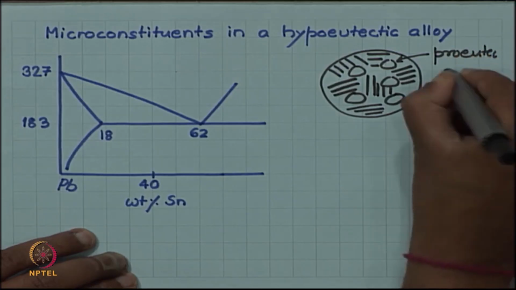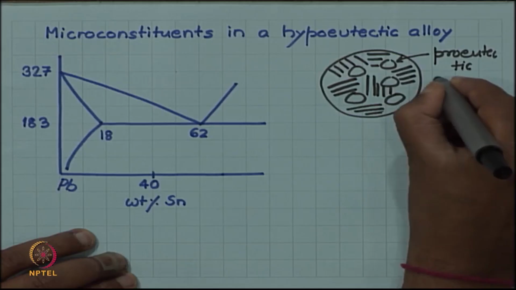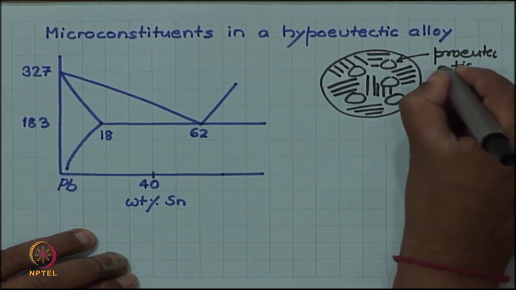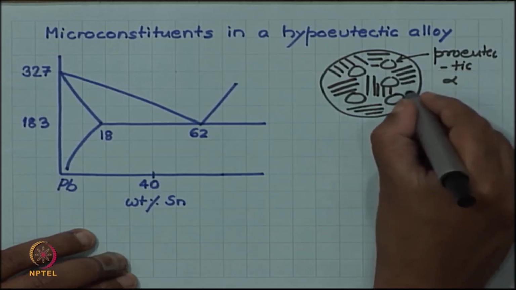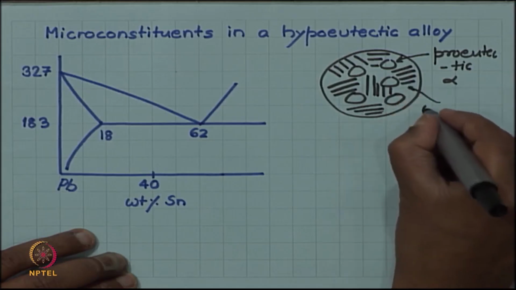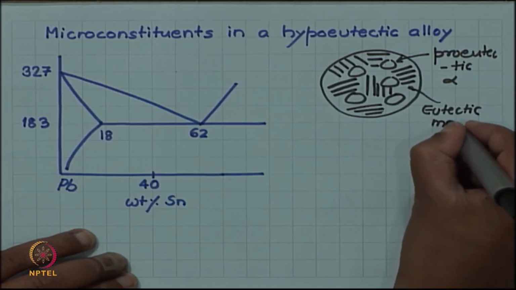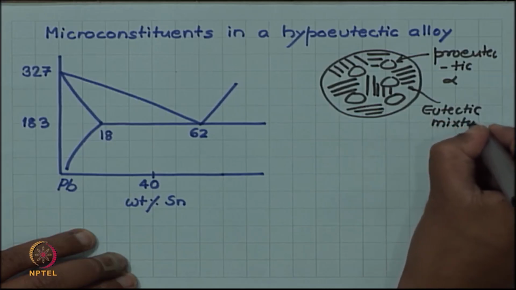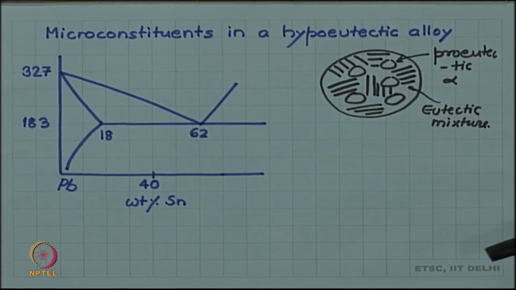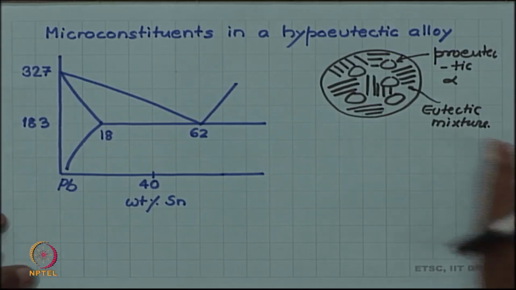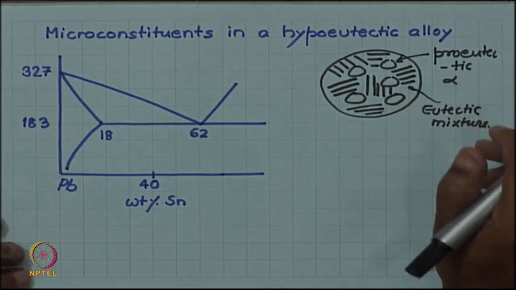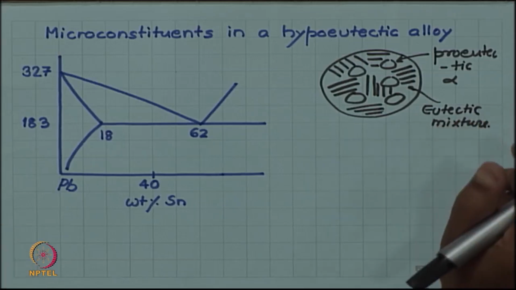This is pro-eutectic alpha, and this is eutectic mixture. So, we can ask, for example, how much pro-eutectic alpha and eutectic mixture is there in the alloy.